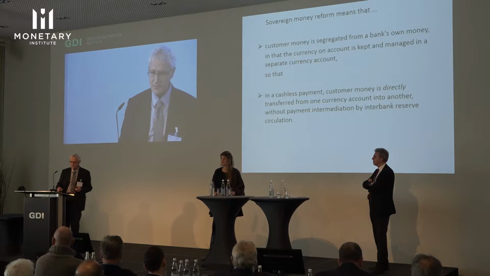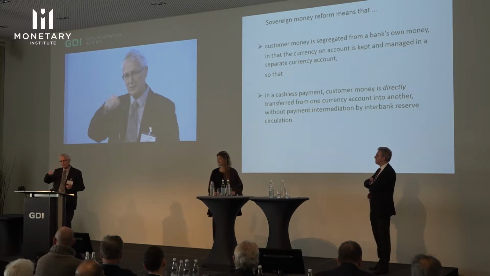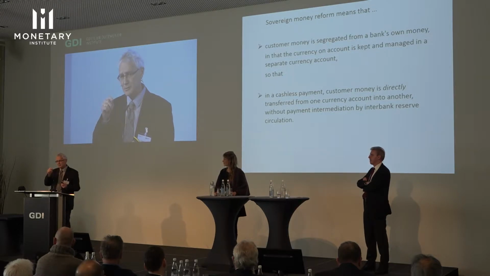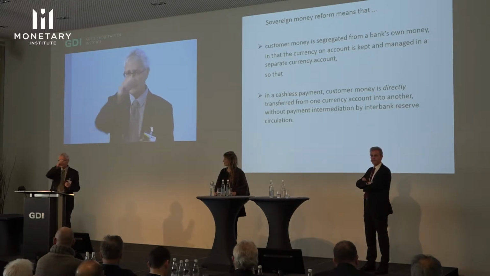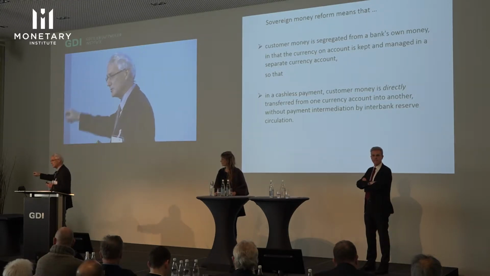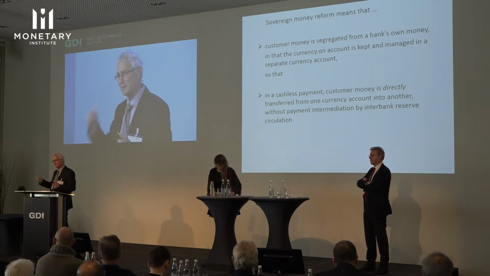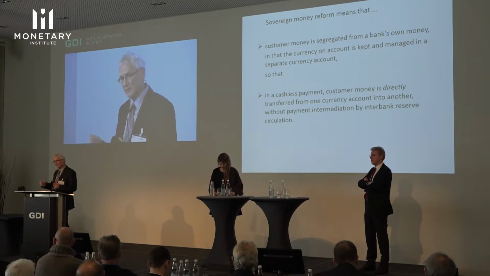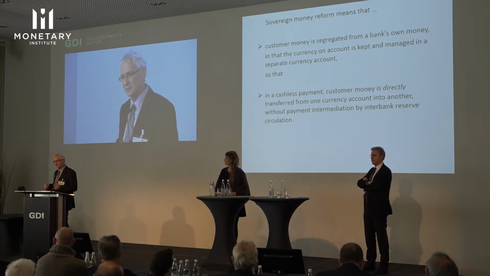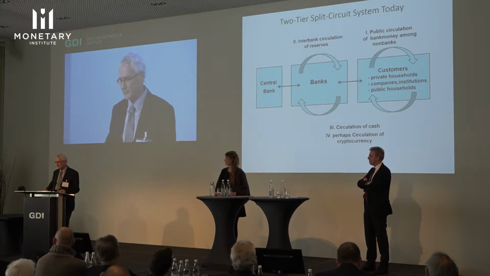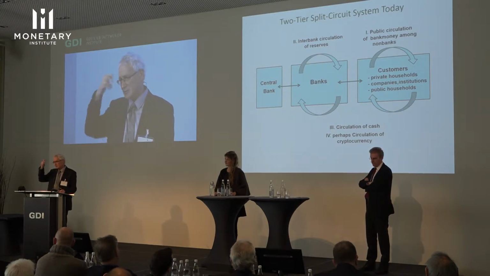And as a result of this, in a transfer, when making payments, the money would be transferred directly from one customer account into the recipient customer account, without intermediation, without payment intermediation, or say monetary intermediation by the banking sector. This is the situation we have today. We have a split circuit.